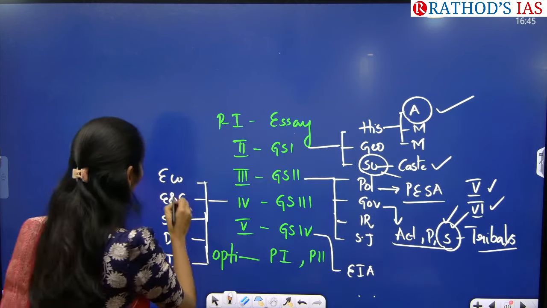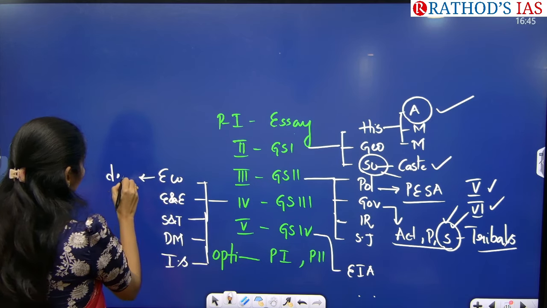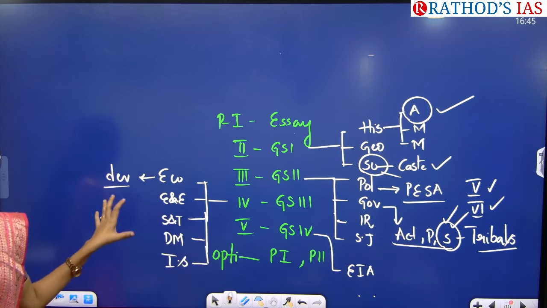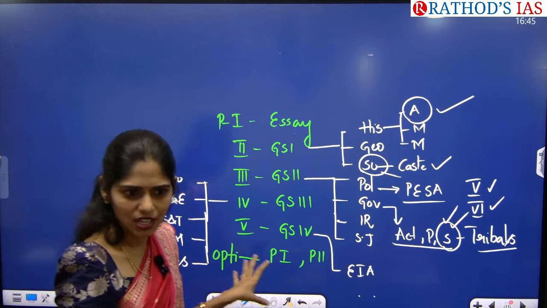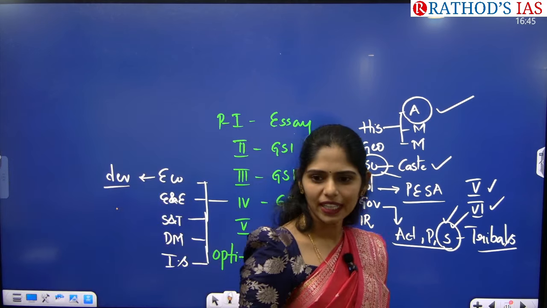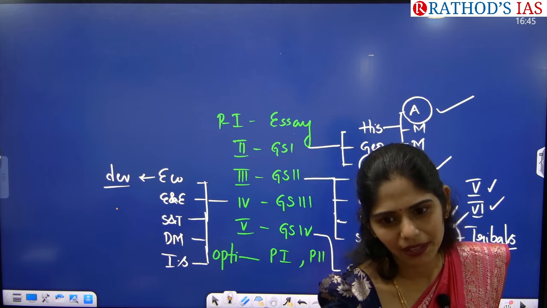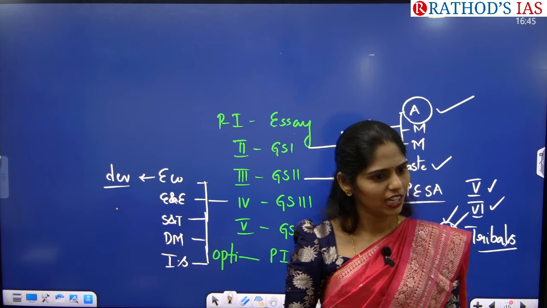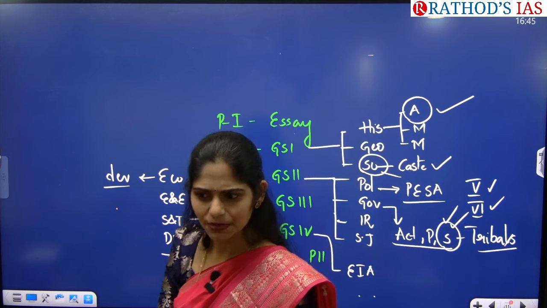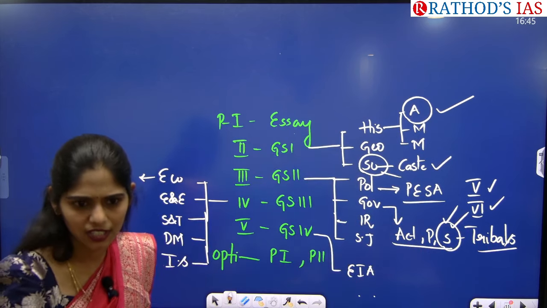And here in economy, you will be studying about different developmental projects under infrastructure. Yes. So mostly in the tribal areas, if you are coming up with any development projects, what happens? It will be creating problems for these people who are living in these forest regions, right?